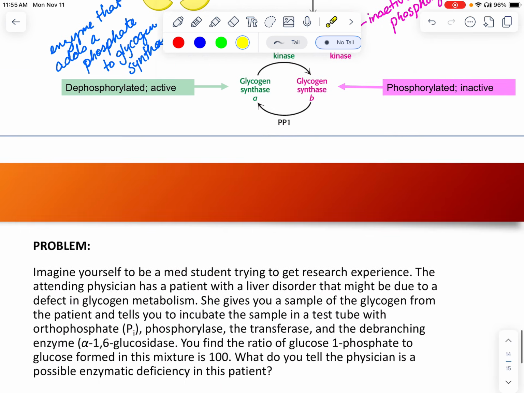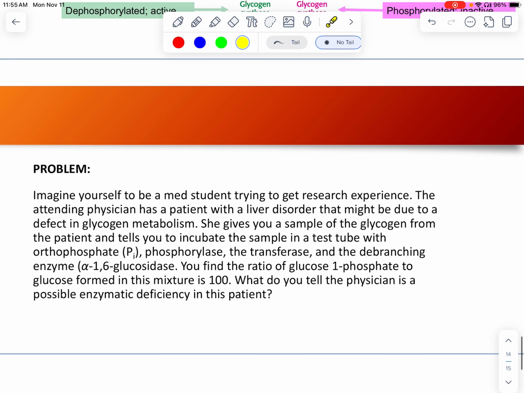All right, let's think about a problem. Imagine yourself as a medical student trying to get research experience. The attending physician has a patient with a liver disorder that might be due to a defect in glycogen metabolism. So we're looking for a potential defect in glycogen metabolism.